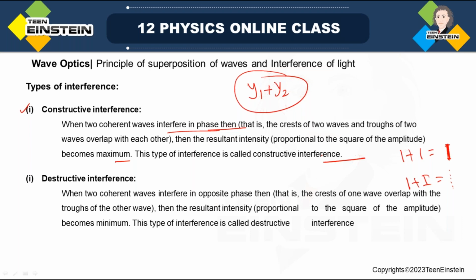Opposite phase means what? I have already told you. Opposite phase means the trough of one wave is meeting at the position of the crest of the other wave. So this is a trough and this is a crest. These waves are said to be out of phase.